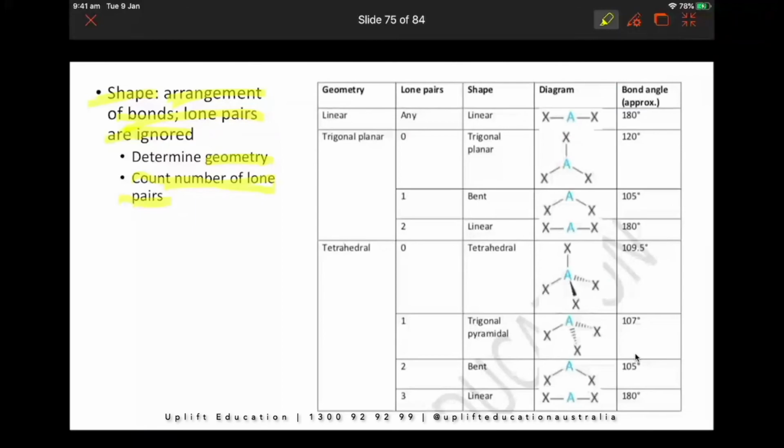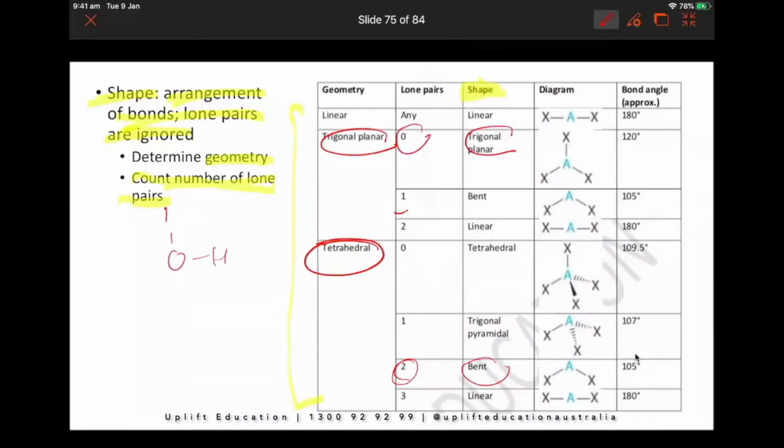And then once you count the number of lone pairs, again, you use this table to figure out the shape. So for example, if you've determined that the geometry is a tetrahedral geometry, and then you count the number of lone pairs to be 2, for example, then what you have is what we call a bent shape. So for example, if we're looking at something like hydronium again, which looks like this, when we're looking at geometry, this has a total of 1, 2, 3, 4 pairs and covalent bonds.